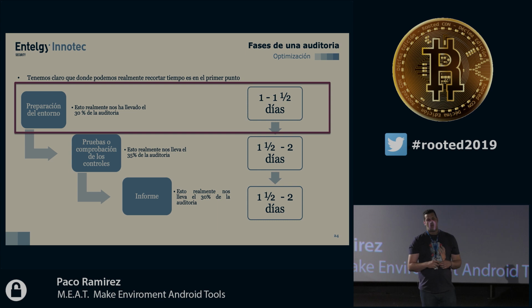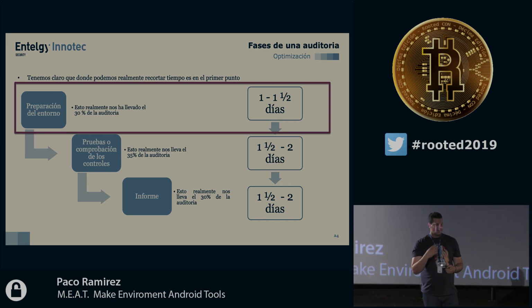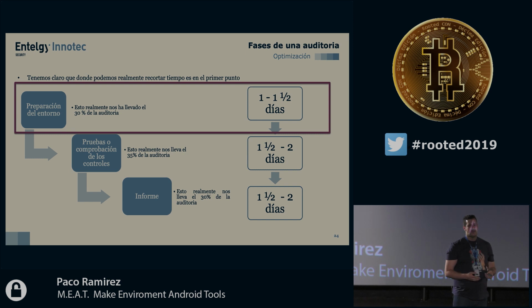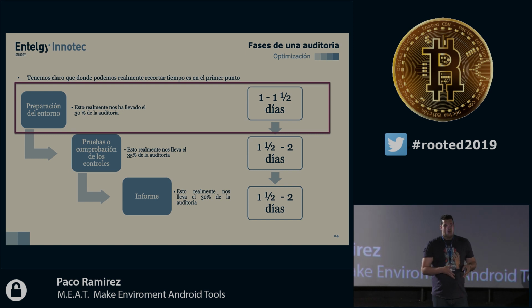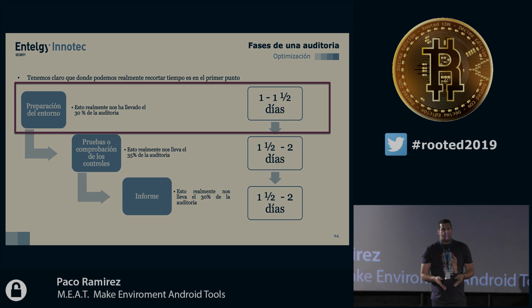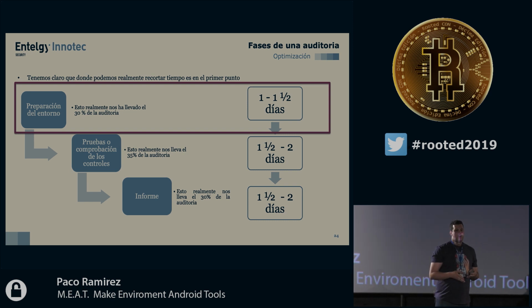So this was the introduction of my presentation, because I wanted to focus on how we prepare the environment. I've been working with a customer for 7 months, so we have auditings once a week, and we need to optimize time.